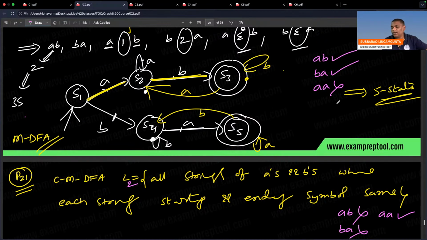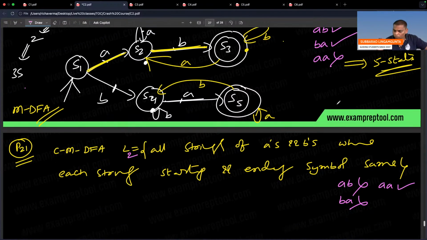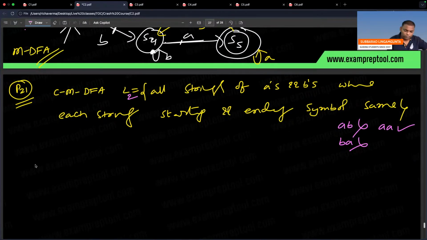Try to understand. Now, one important thing I want to say. Everyone listen. If you have a DFA for L1, see this one. I have a DFA for L1. Very, very important.